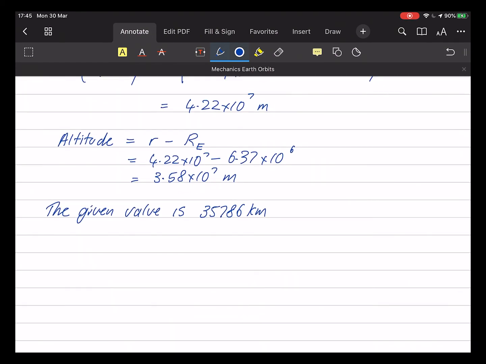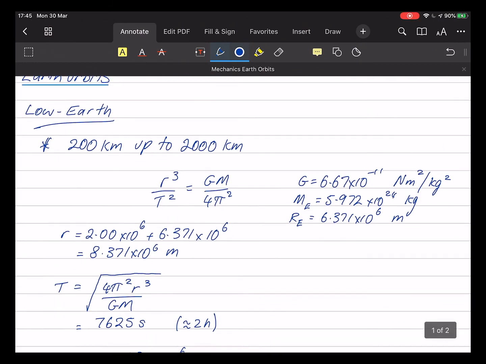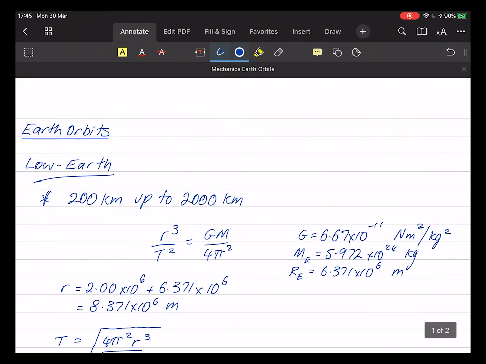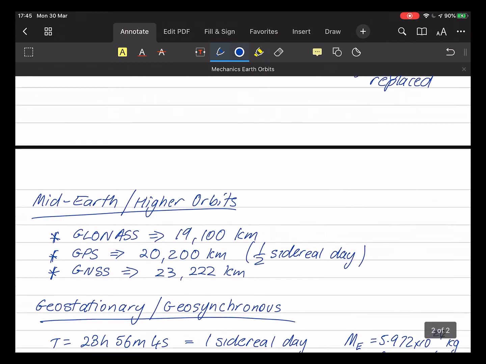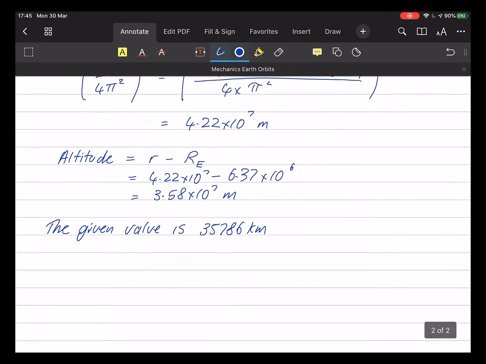So the altitude of the geosynchronous orbit, or the geostationary orbit, is 35,786 kilometers, so 36,000 kilometers up compared to 2,000 here for this guy and 20,000 for this guy.